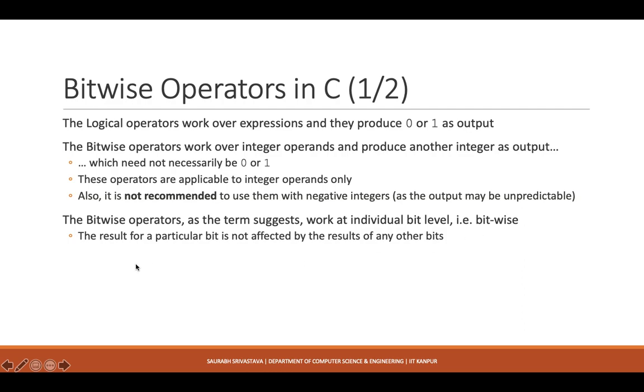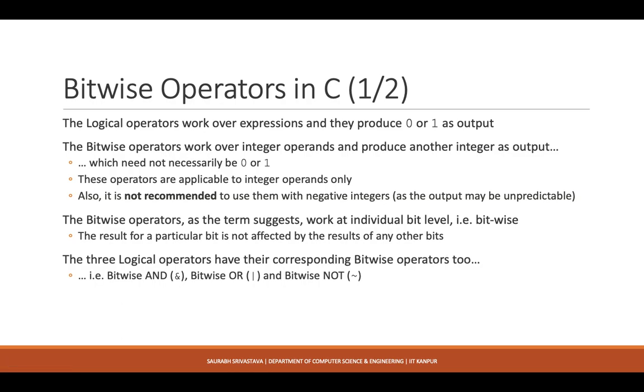So the bitwise operators, as the term suggests, actually work at the individual bit level, right? Bitwise. The result is calculated on a per bit basis, and the result for a particular bit is not affected by the results of any other bits. The three logical operators that we have already seen, the AND, OR, and NOT operators, have their bitwise counterparts.